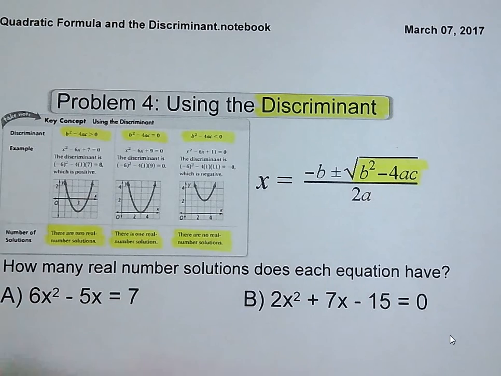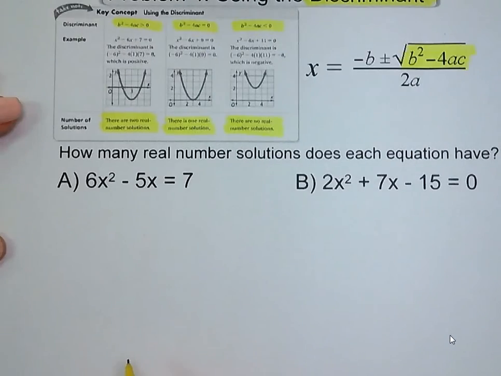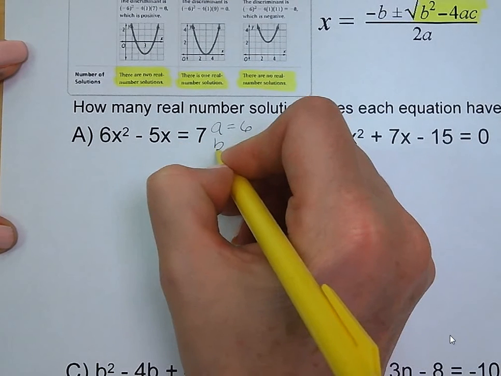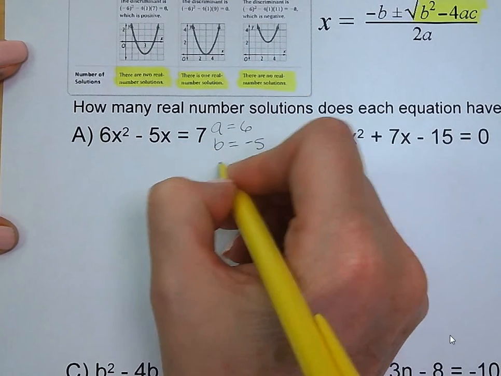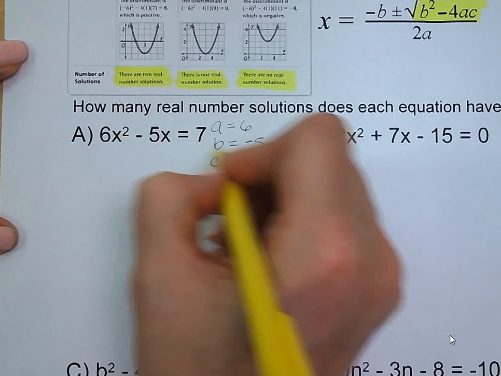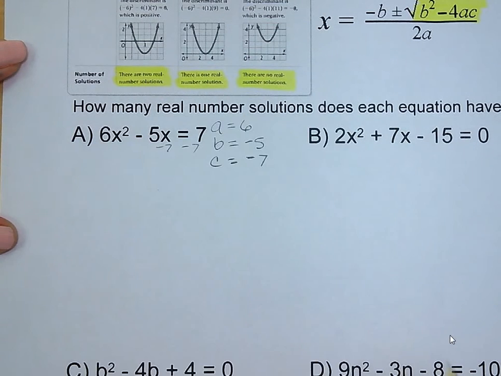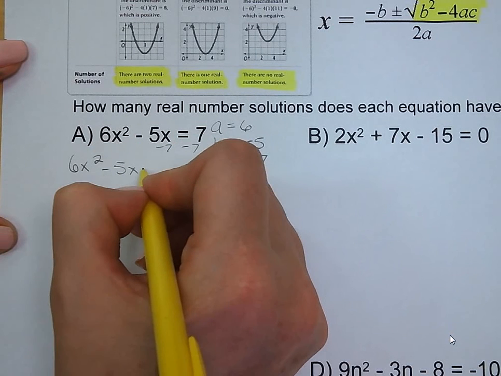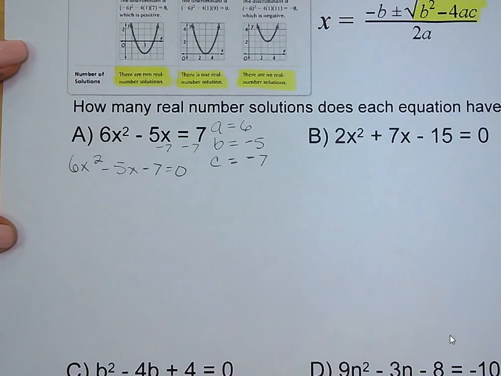So we look at our A, B, and C terms. A is 6, B is -5, and C is -7, because we'll subtract. So we have 6x squared minus 5x minus 7 equals 0.